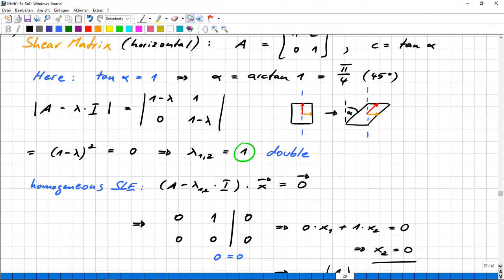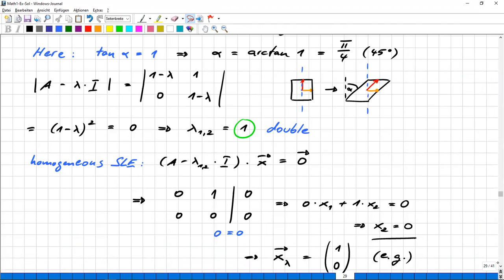So you know where this comes from when you think back, remember what you saw in the lecture. So anyway, now inserting, look here, I have 1 minus 1 is 0, also here 0. So everything that remains is 0, 1, 0, 0.